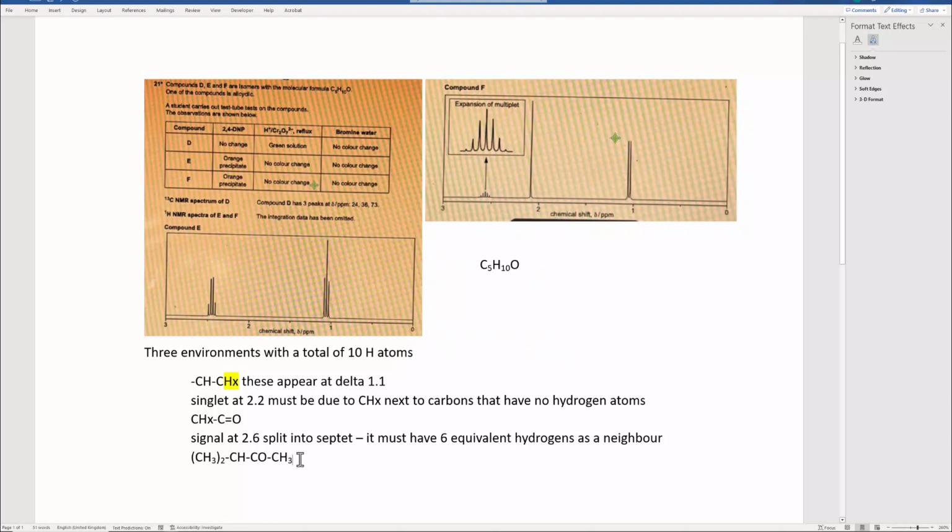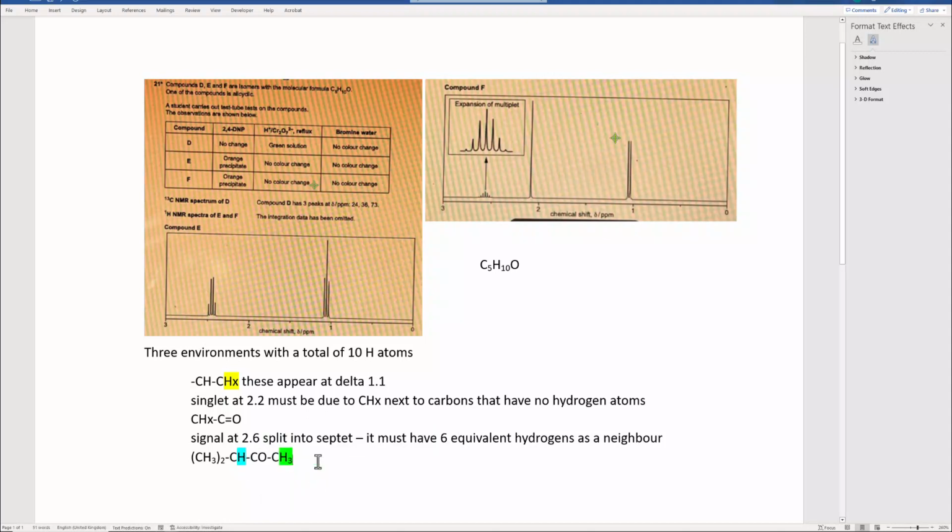And does that fit? Well, let's have a look at our spectrum. Well, the signal at 2.2 must be due to the CH3. Let's colour that. Okay, I can't colour it up here because it's an image. This CH, we'll colour it differently. This is a different environment.